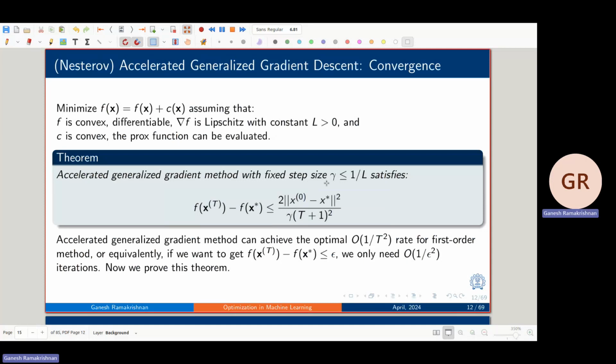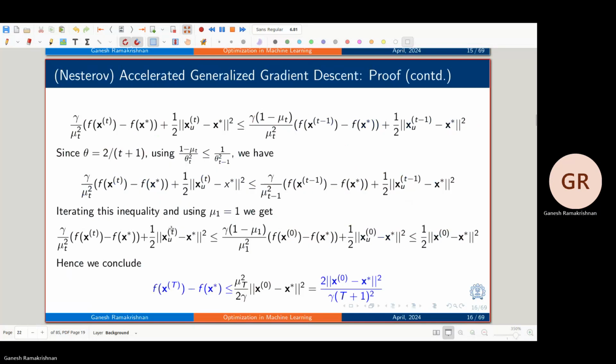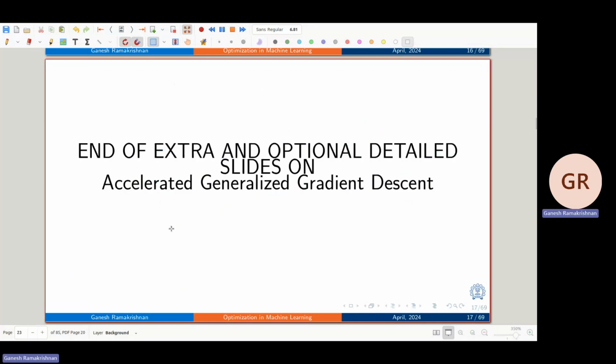That is an assumption being made here. Obviously the prox will involve an intermediate step, which is the unconstrained update. So there's a lot of math required here, and that's the end of this part.